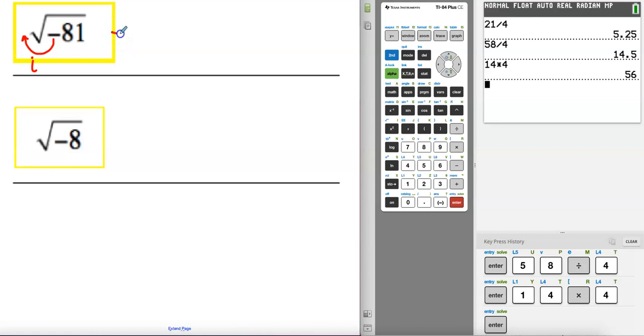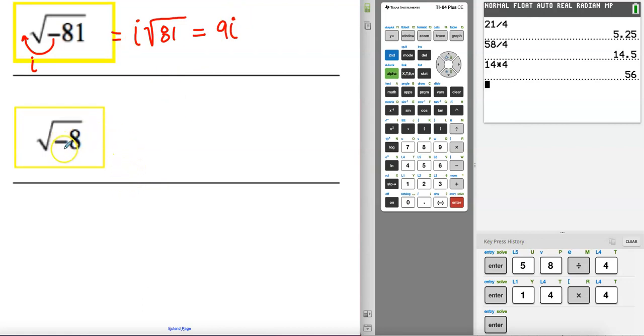Now I have this i on the outside of the radical, and 81 is inside. Since it's a positive 81, I can take the square root easily. The square root of 81 is just 9, so it becomes 9 times i, because the i is already on the outside.